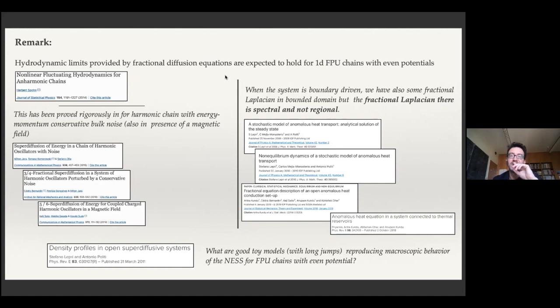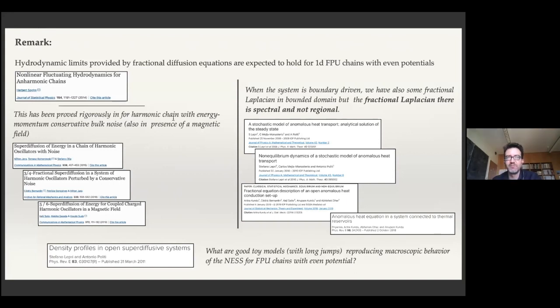This is not proven for such a system. It is argued in different ways, and the numerical simulations are quite convincing, but it is not proved. The rigorous proof, I think I am exhaustive here in citing these three papers, has been obtained only for harmonic chains.